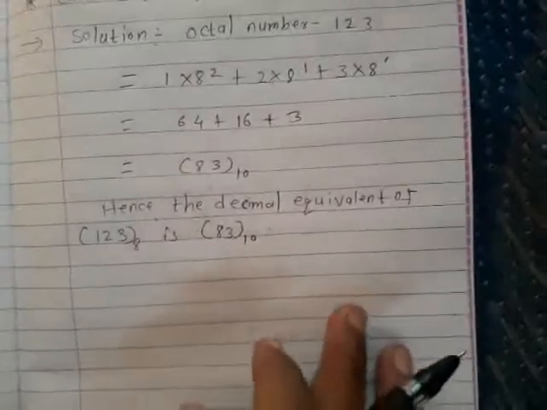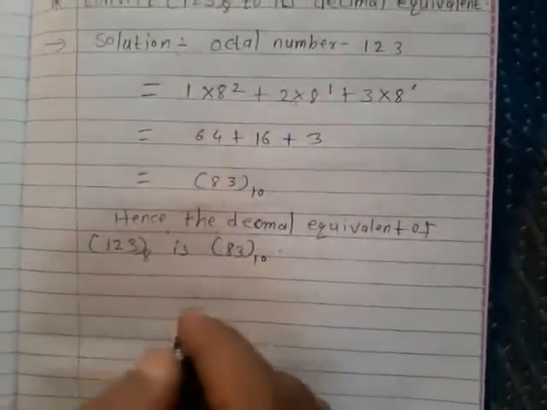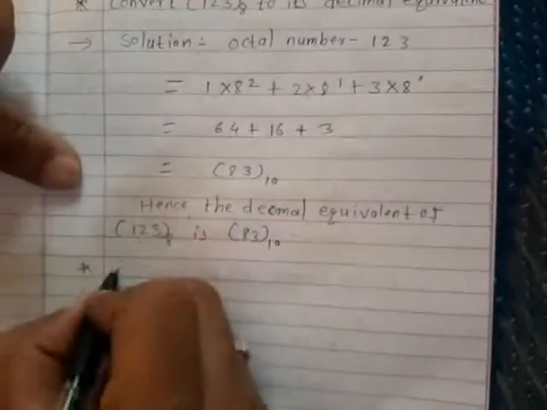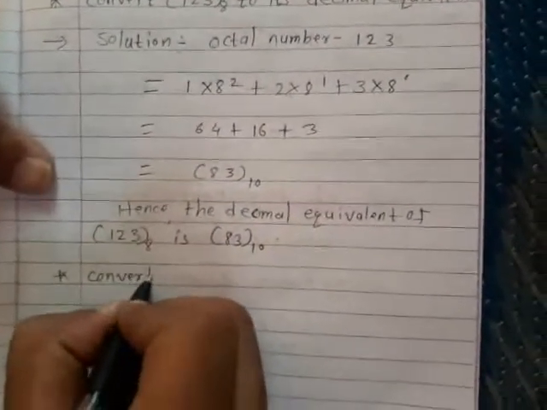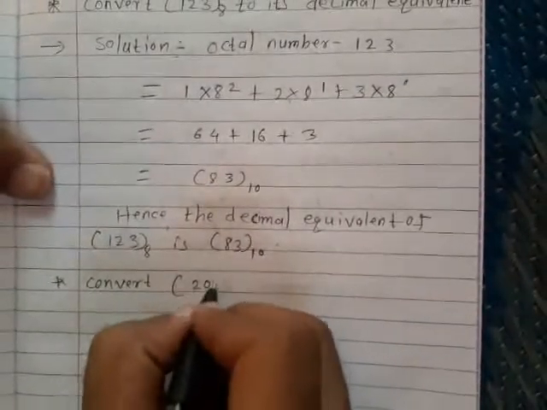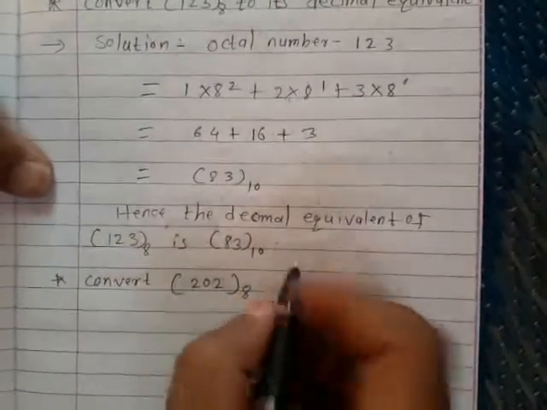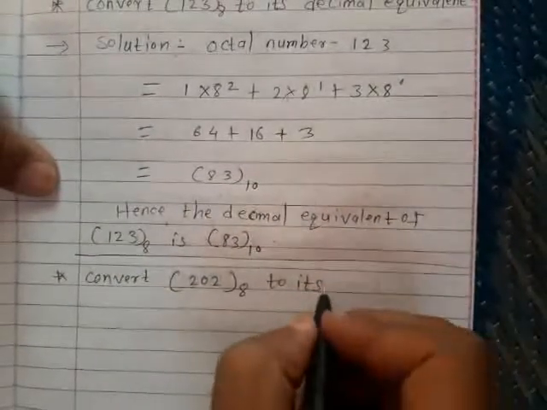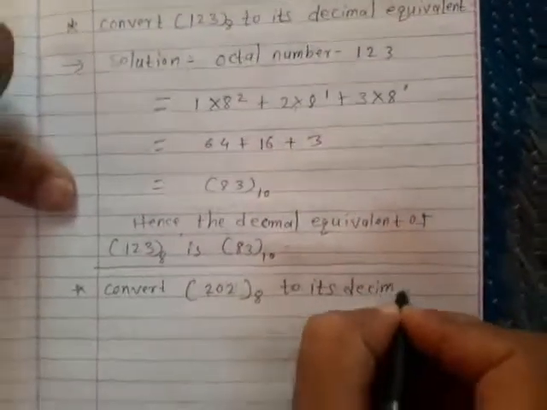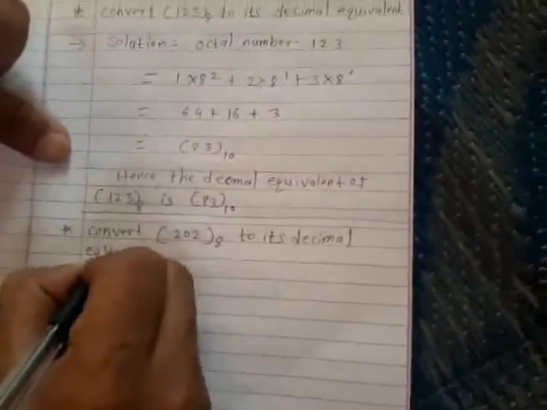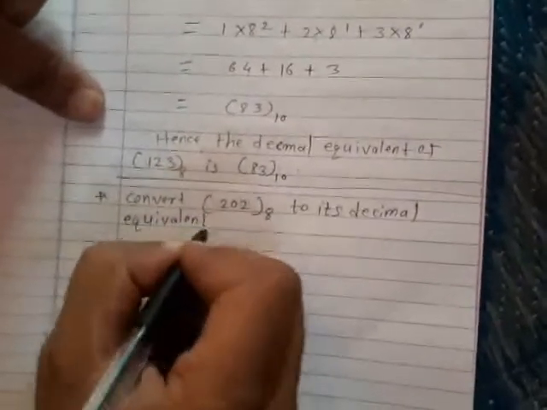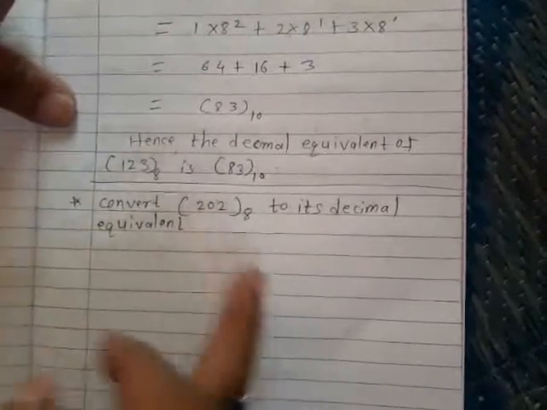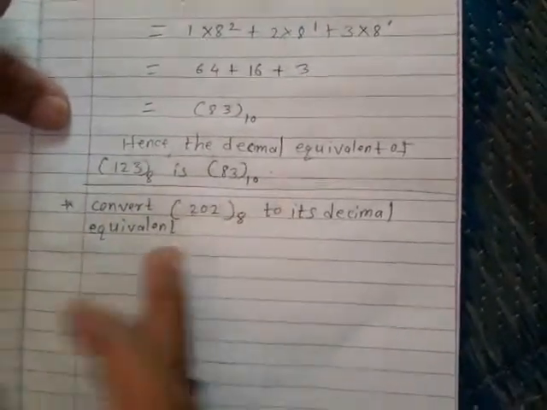Now see students, another example I will show you. Convert 202 base 8 to its decimal equivalent. Okay student, what we have to do is convert 202 base 8 to its decimal equivalent.